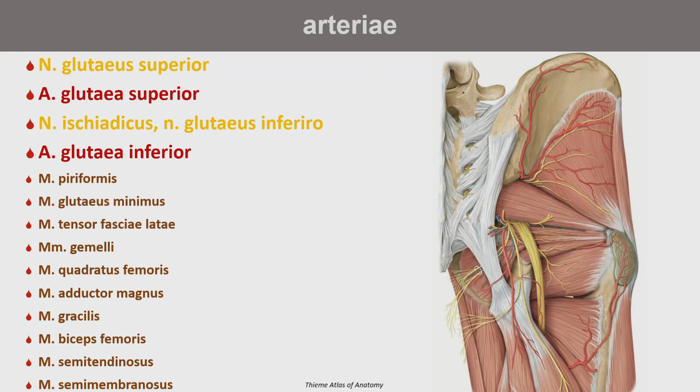The superior gluteal artery is accompanied by the superior gluteal nerve, and the inferior gluteal artery goes outside through the infrapiriform space, accompanied by the sciatic nerve and the inferior gluteal nerve.